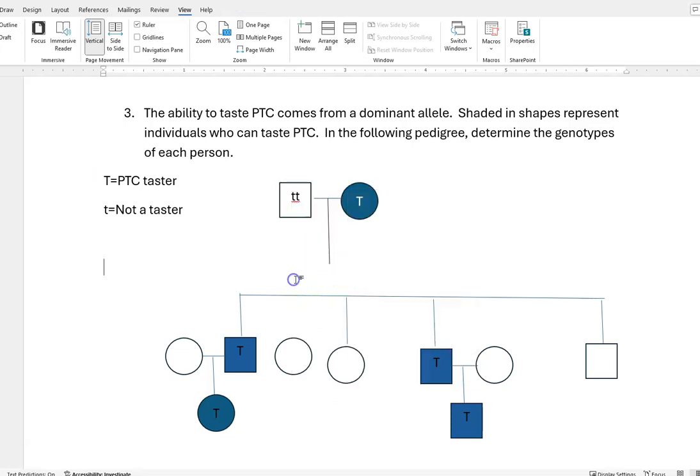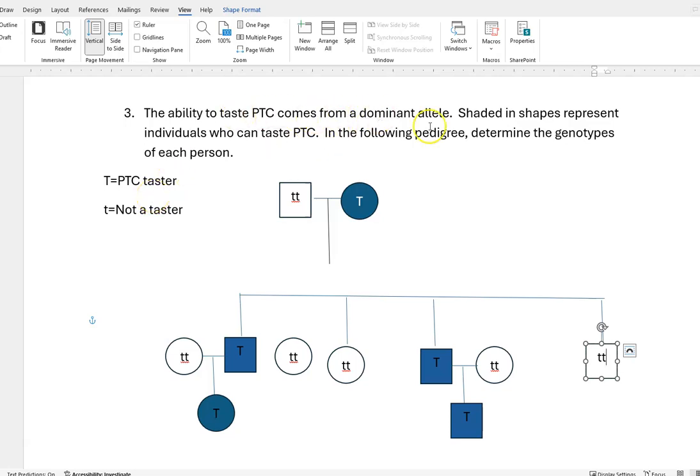There we go. Okay, so there's only one genotype then if you cannot taste, right? So all of these individuals that are not shaded in will be homozygous recessive for not being a taster.